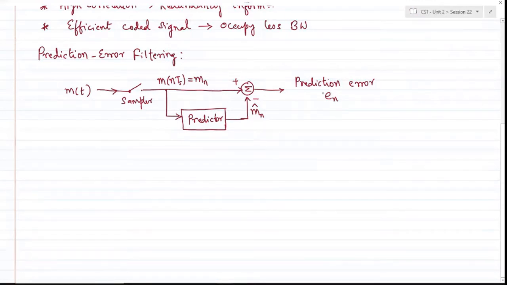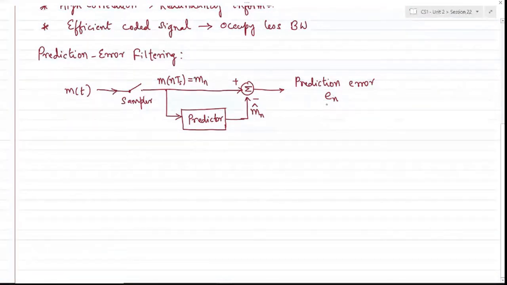If the prediction error is very large, then we can say there are high variations between adjacent samples, or there is a high variance. If the prediction error is very small, then we can say the adjacent samples are highly correlated with each other. The prediction error is a measure of the variations between adjacent samples.